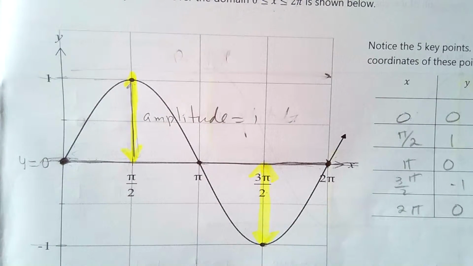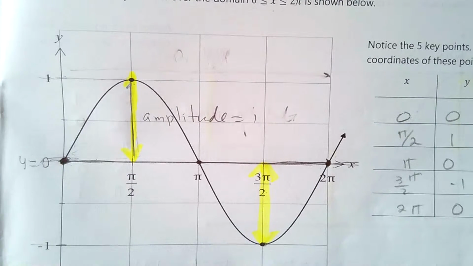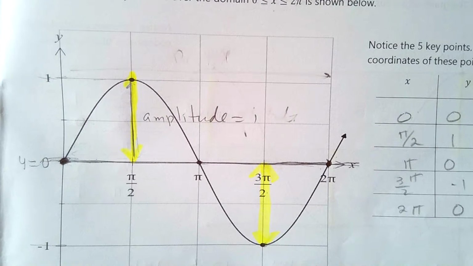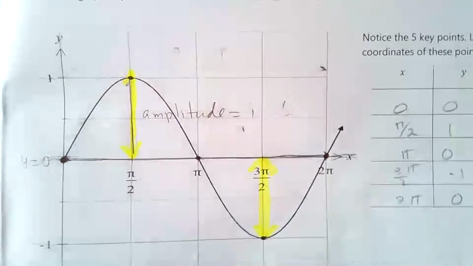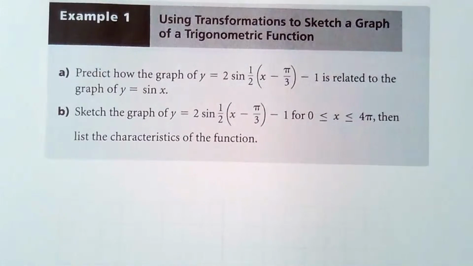The x-intercept, only one y-intercept. The amplitude is 1. Phase shift is 0. The domain is all the real numbers, and the range is from 1 to -1. So that's our basic graph. So what I'm asking now, predict how the graph of y equal to 2 sine half x is related to the graph of y sine of x.